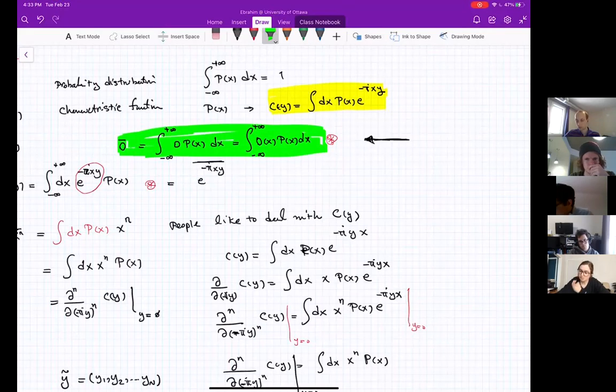You have a name for this W, which looks like the classical P, and we call this a quasi-probability distribution. Why do we call it quasi-probability distribution? Because for some cases, it has a negative value. It's not always positive, okay?